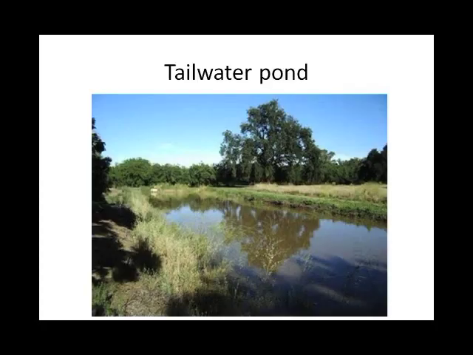Next slide. The picture of the tailwater pond here shows its rough dimensions. What I should point out is that sometimes it's full, sometimes it's not, depending on how much runoff there's been, how much water storage is going on. But down there at the east end of the field is a pump that pumps the water up to the top of the field and recycles it.